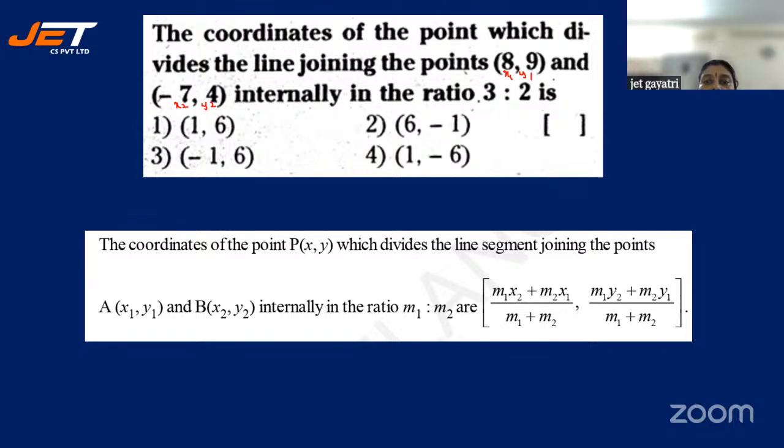And this is m1, m2. Now see here, m1 is what? 3 into x2 is minus 7. Let me use a different color.